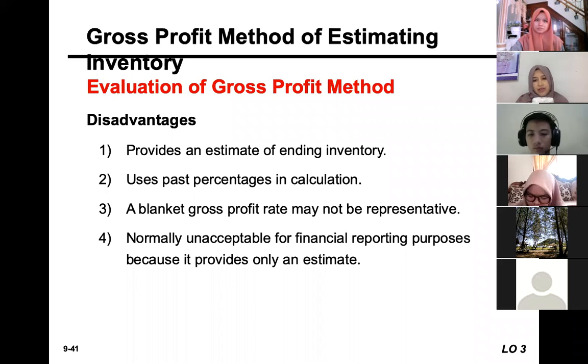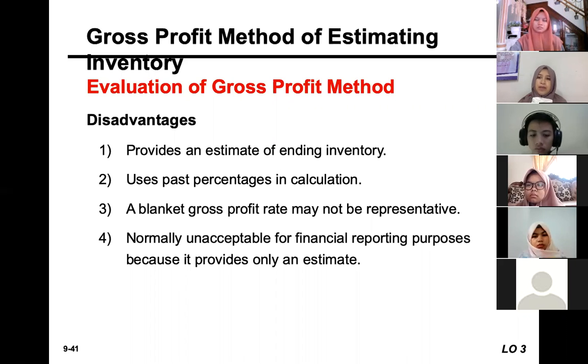Okay, normally for financial reporting purposes, it is unacceptable because it only gives us the estimate. But the gross profit method is used for managerial purposes. It's not for financial reporting purposes. It's used for managerial or for auditing purposes.